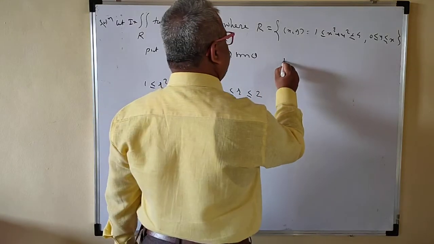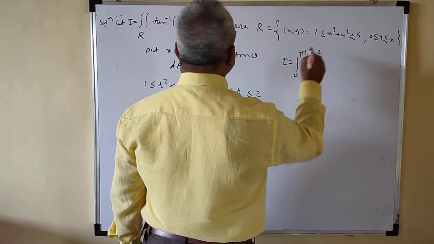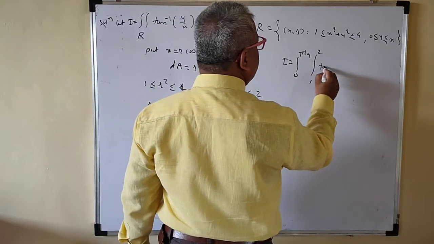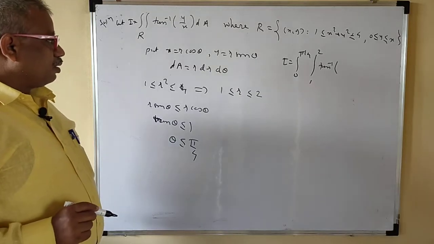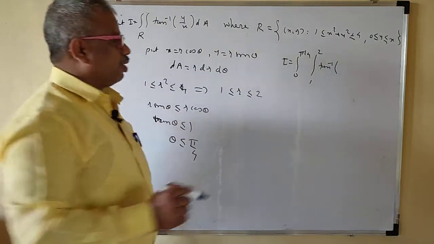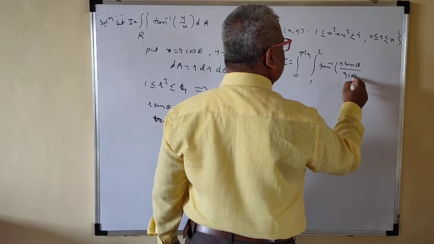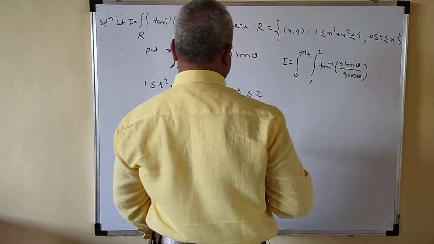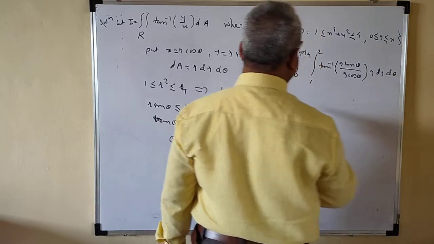Okay, so we write I is equal to the integral from 0 to pi by 4, and 1 to 2, of tan inverse of y by x. Y is r sin theta upon r cos theta, and dA is r dr d theta.